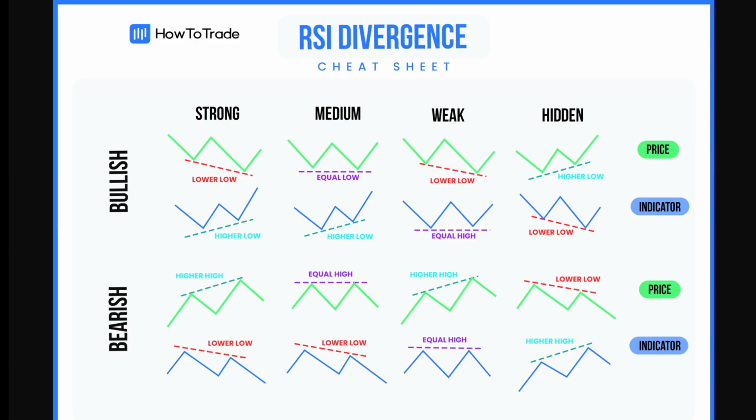Likewise with the bearish RSI divergences. You have the higher highs being formed, right, on the strong bearish RSI divergence, while you have a lower high being formed on the RSI.